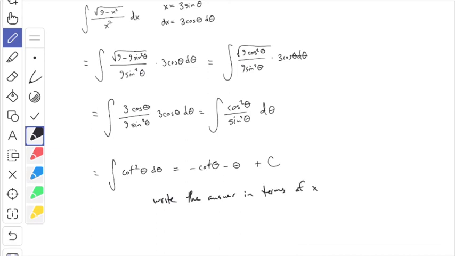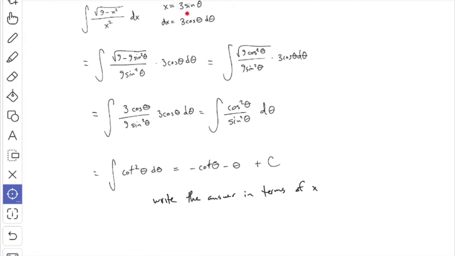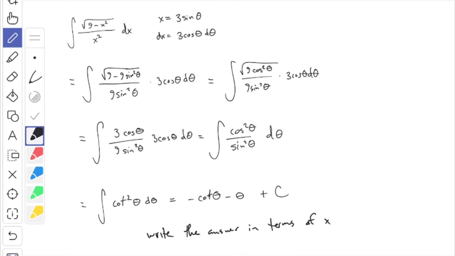In an ordinary u substitution, this is always easy. You just plug the x's back in. What's the problem here? We do not have the appropriate formula for x to be plugged in. Really, what we need is a formula for theta in terms of x. But we started off with x in terms of theta.